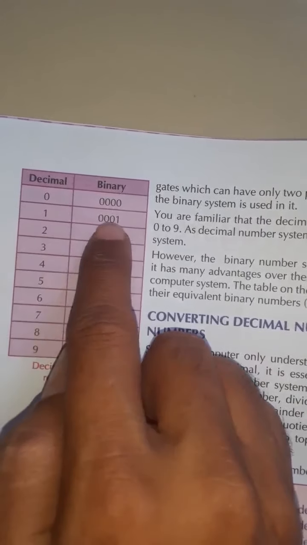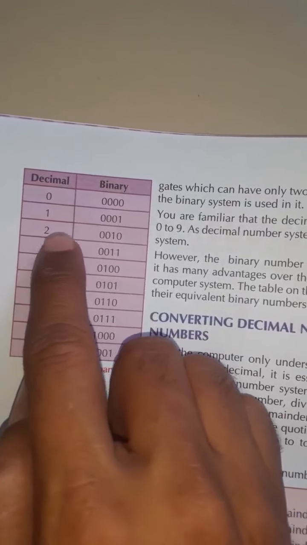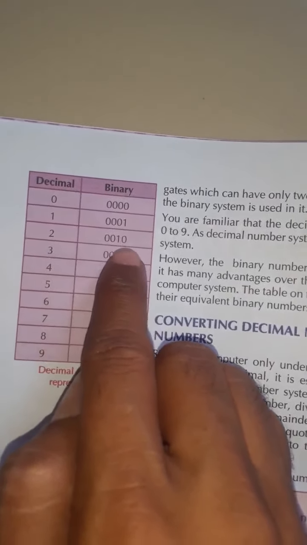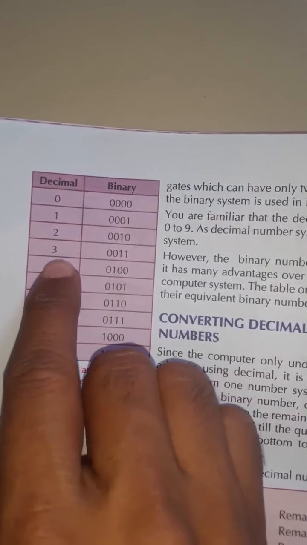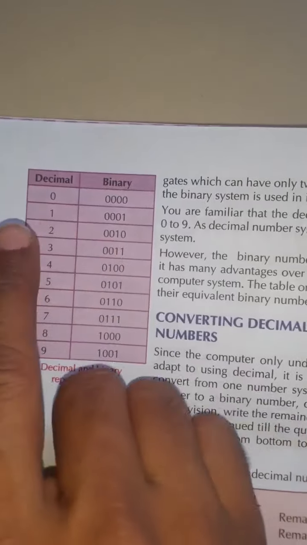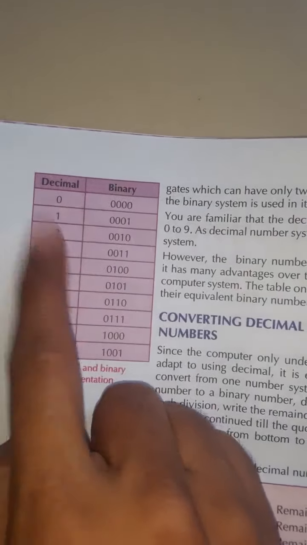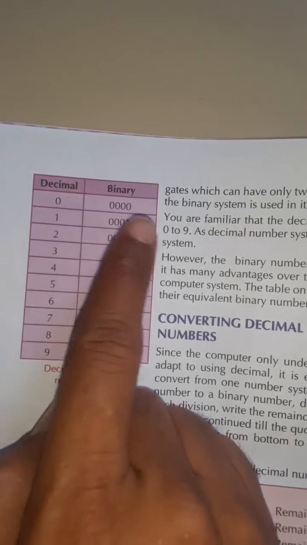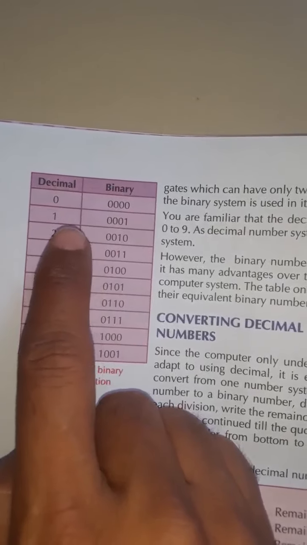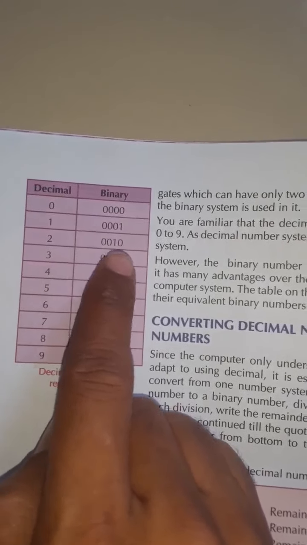Decimal 1 is represented as 0001. Decimal 2 is represented as 0010. Decimal 3 is represented as 0011. So this is the conversion of decimal to binary and binary to decimal. How this conversion is going on, that we will study now.